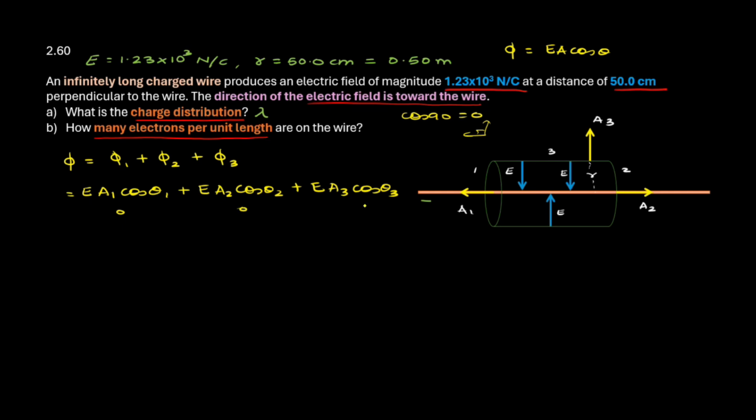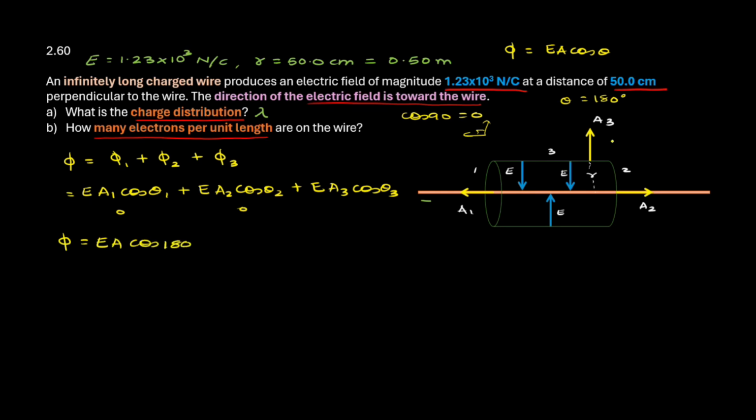And the only flux that we will be left with is the flux through the third surface, the curved region here. Because here the area vector and electric field are making an angle of theta equals 180 degree. They are both opposite to each other. So I write my expression for flux as phi equals EA cosine 180.